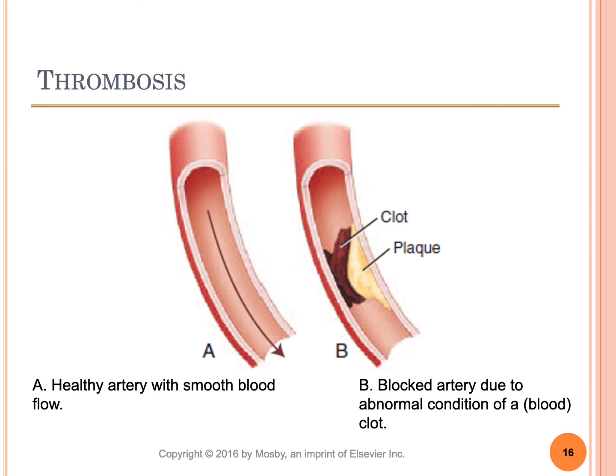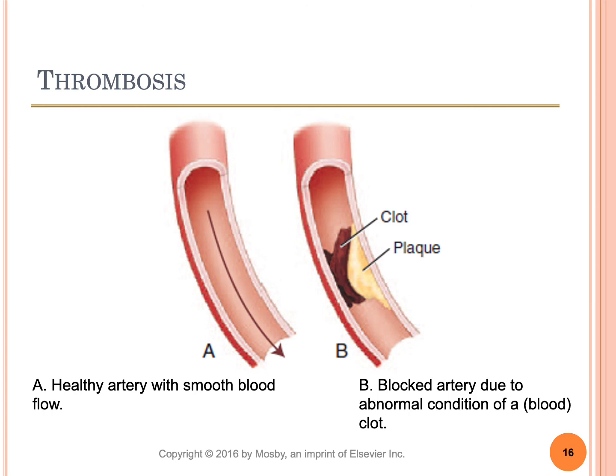If a part of that clot, like we see here as a thrombosis, breaks away and goes traveling through the cardiovascular system, we call that an embolism, or an embolus.